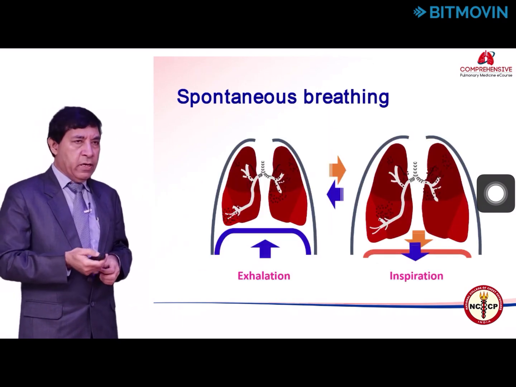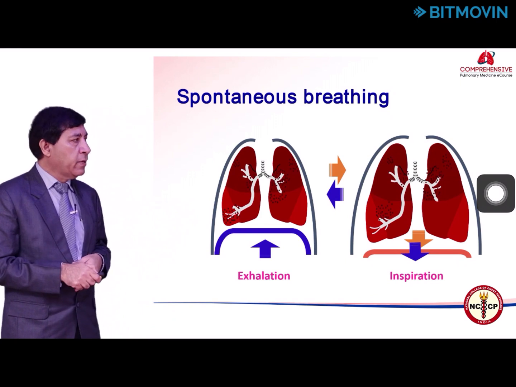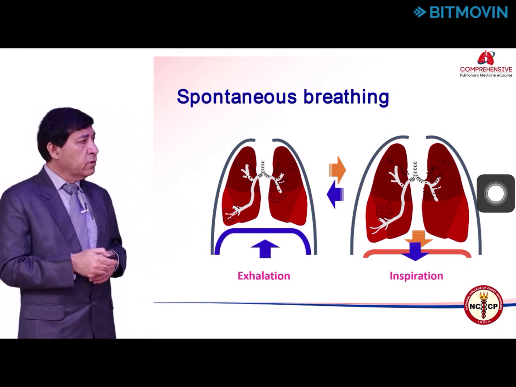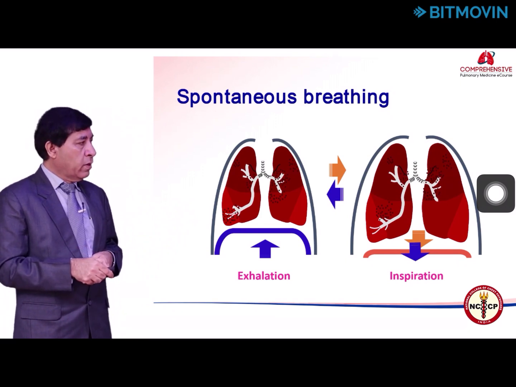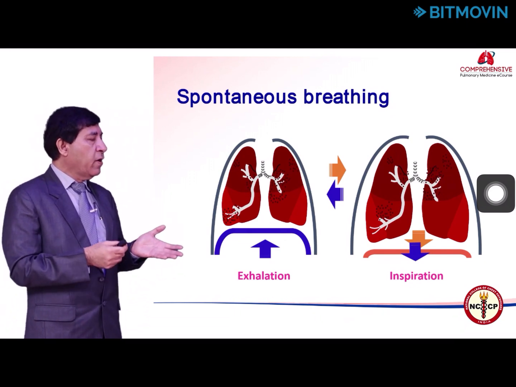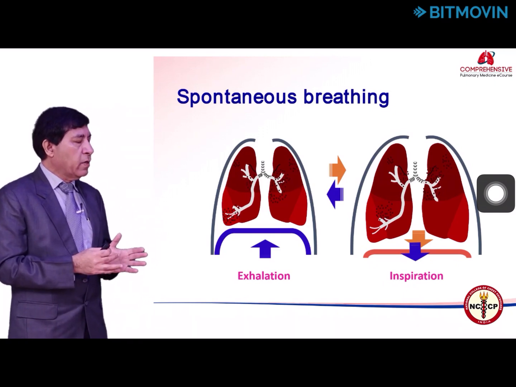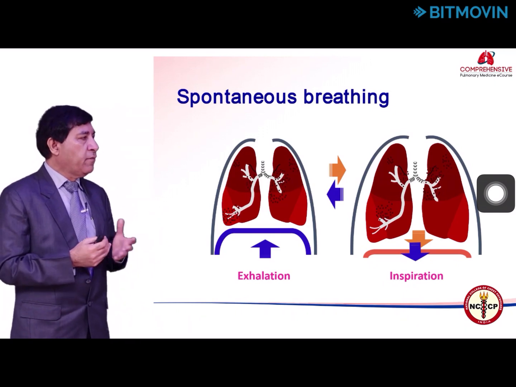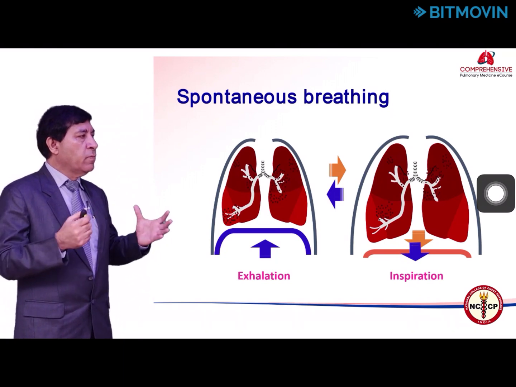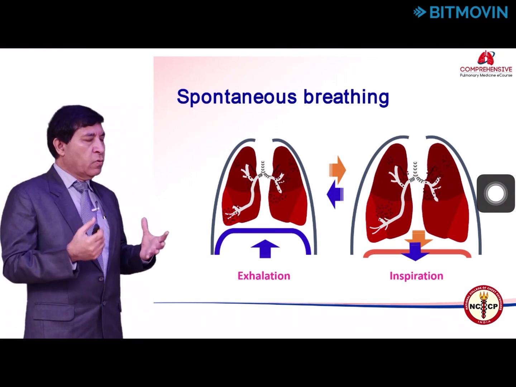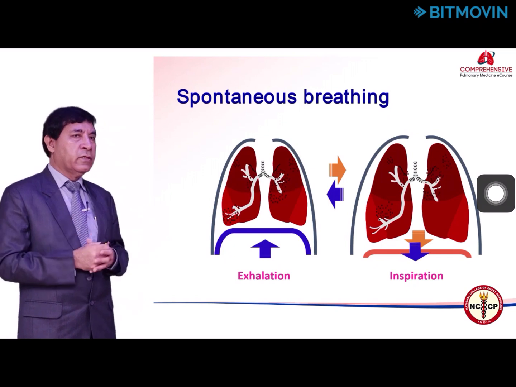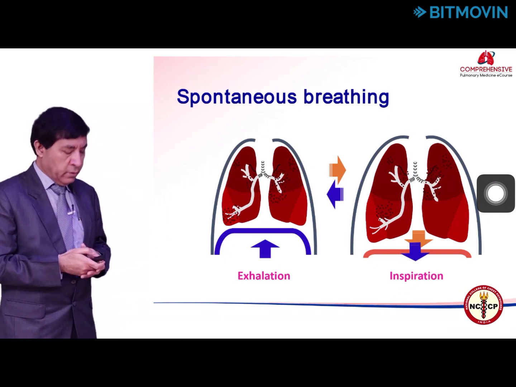You can see from this cartoon that during exhalation the diaphragm goes up, the chest wall moves in and the lungs become smaller, and during inspiration the diaphragm goes down, the chest wall moves out, and both sides of the thorax become bigger.